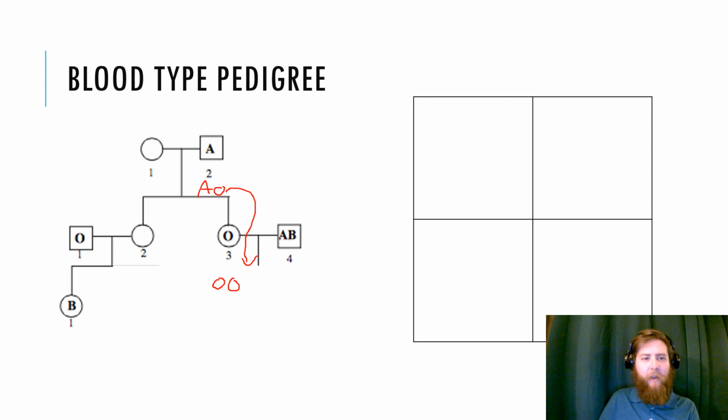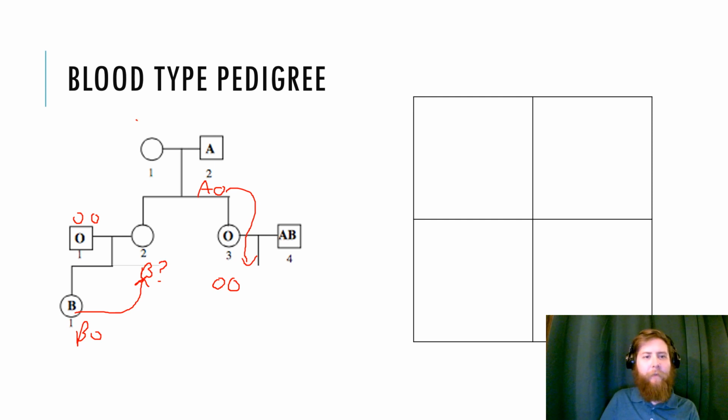On the flip side, we see that down here, this offspring has a B, and this father is going to be little o because he's the recessive. So this has to be BO. So we know that this B had to have come from here. And we don't know what the second one is, so on this one we're going to put a question mark because it could be either an O or it could be an A.